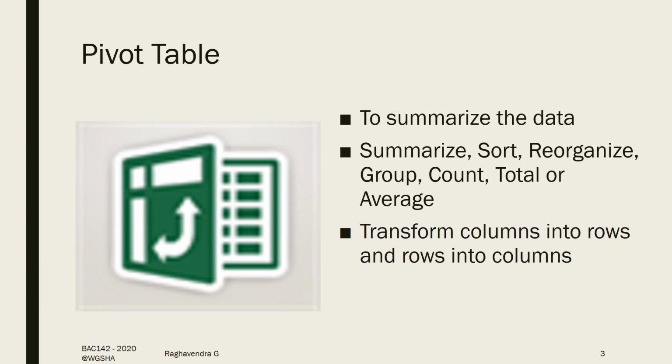So you want to summarize it in a different way. You want to show restaurants on the rows and week numbers, week 1, week 2, week 3, as column headings, and you want to draw a table out of it. Then pivot table helps you to do that easily.